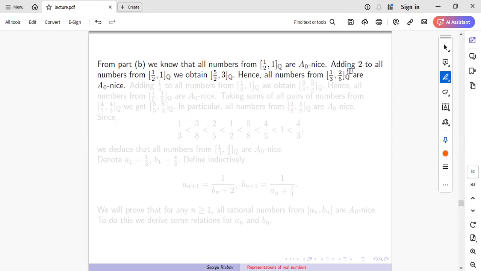Let's take the largest A0 nice number, which is 2, add it to all numbers from 1/2 to 1, and then we will obtain all rational numbers from 5/2 to 3. Now take reciprocals and get that all rational numbers from 1/3 to 2/5 are nice.